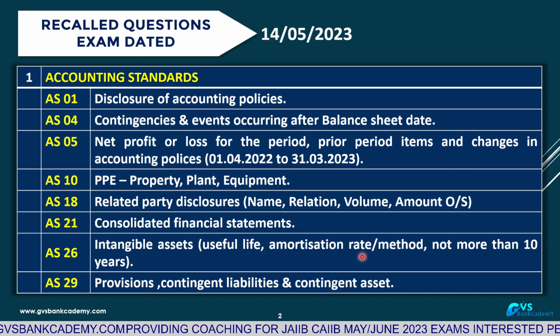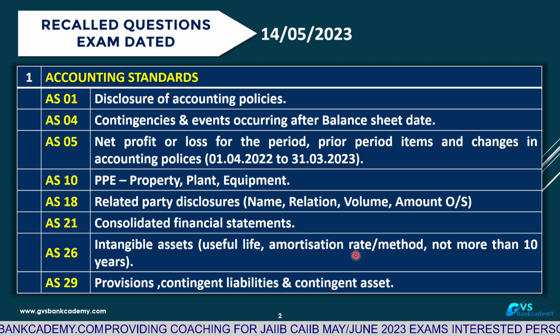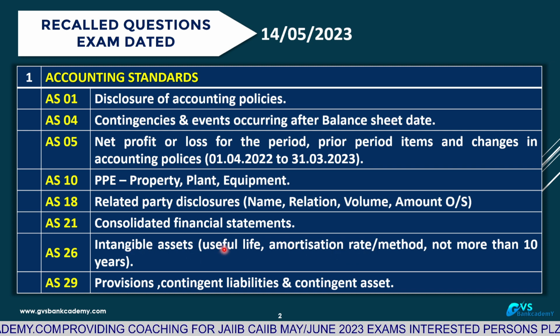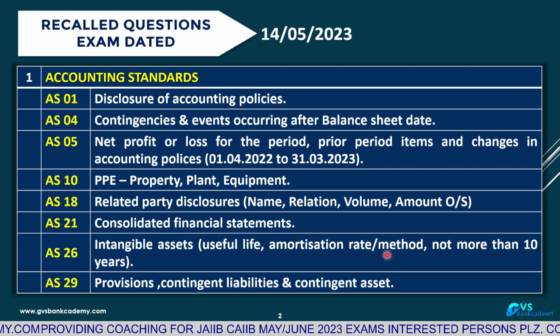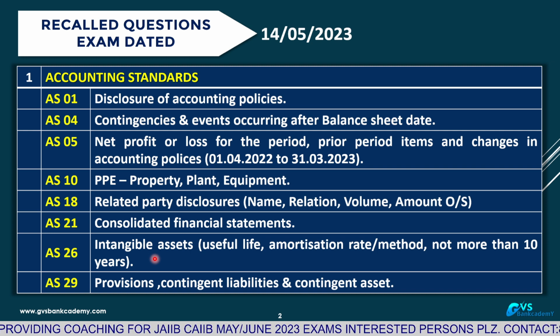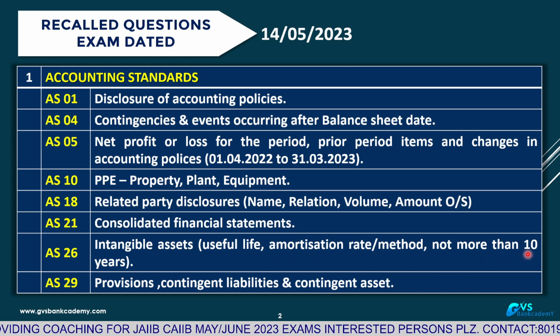Amortization rate and method: every year how much you are amortizing, the amortization rate percentage, and which method. Generally, intangible asset life is not more than 10 years, actual life or maximum not more than 10 years.